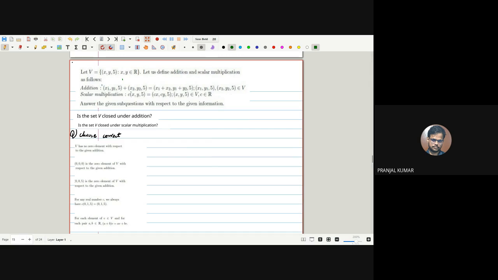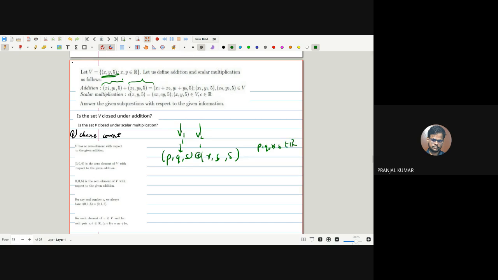So how do you have to do this question? You have to take two vectors v1 and v2 of this form only from this original set. Suppose v1 is (p, q, 5) and v2 is (r, s, 5), where p, q, r, s all belong to the real numbers.